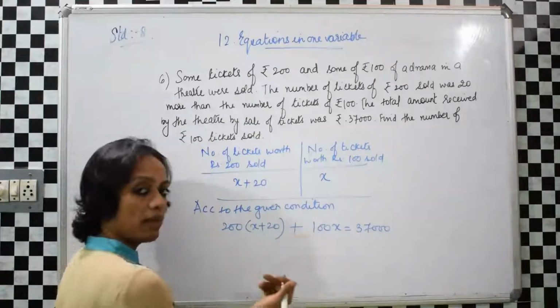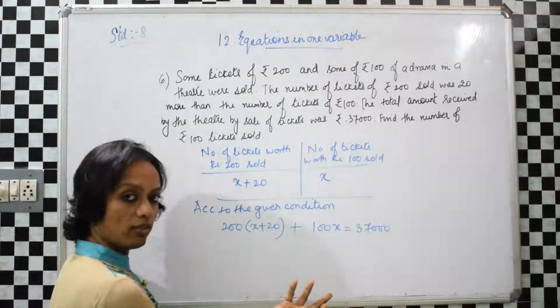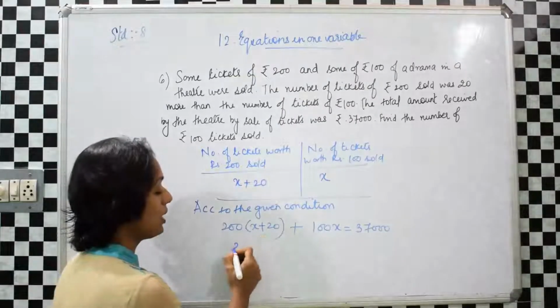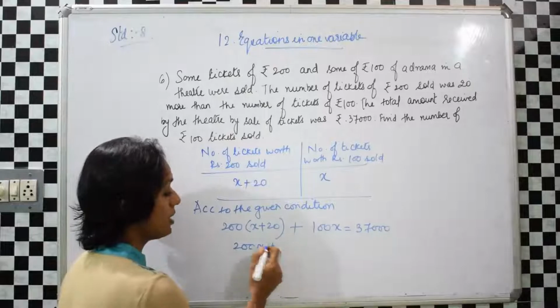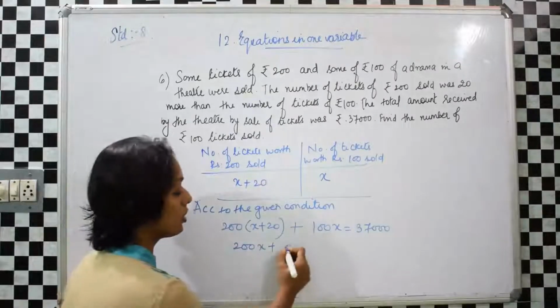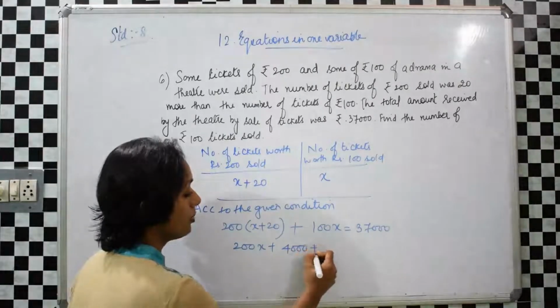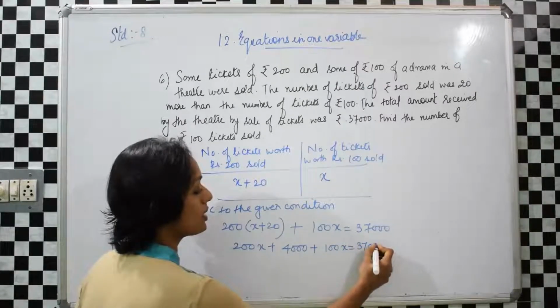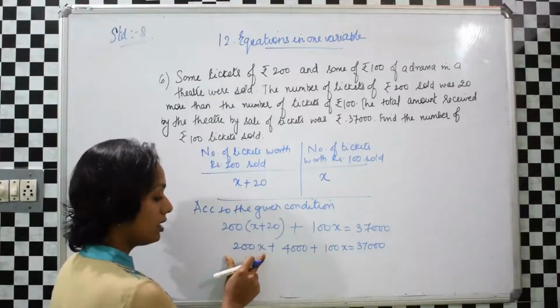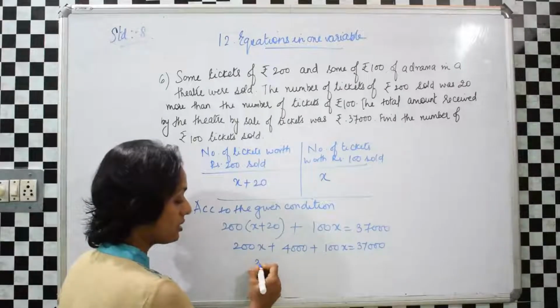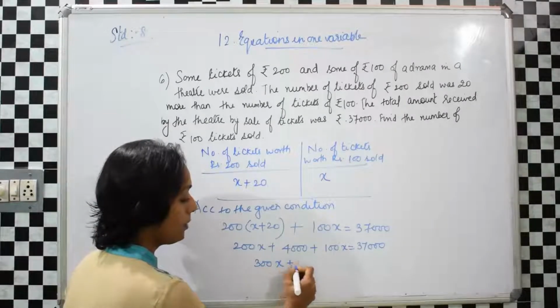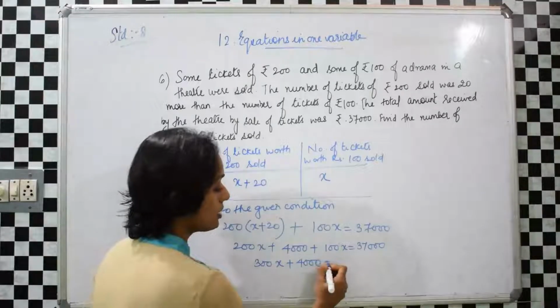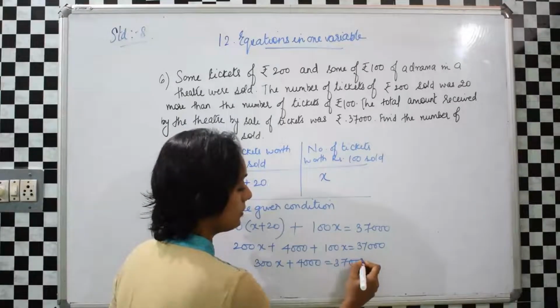I can open the bracket, solve it and get the value of x very easily. So 200 into x is 200x plus 200 into 20 is 4000 plus 100x is equal to 37,000. So I'll have 200x plus 100x is 300x plus 4,000 is equal to 37,000.